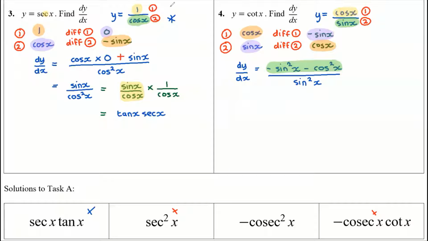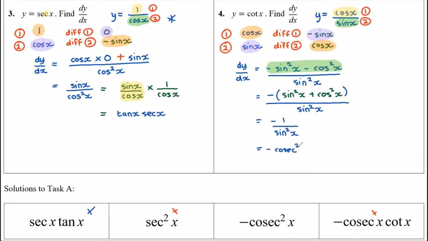So I could simply just take out a negative sign and write sine squared x plus cos squared x, and we know that's identical to 1 from the identity, over sine squared x. So this is equal to negative 1 over sine squared x. And we know that 1 over sine is, of course, cosec. And because it's squared and negative, this is clearly negative cosec squared x.